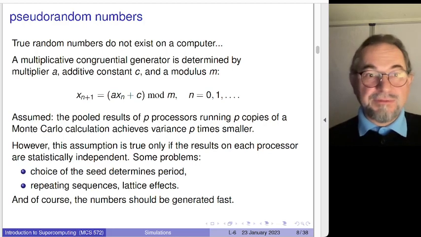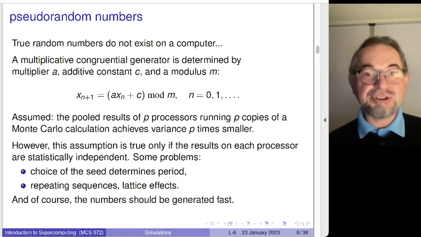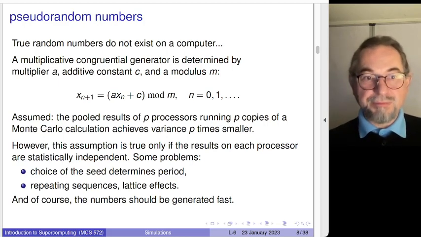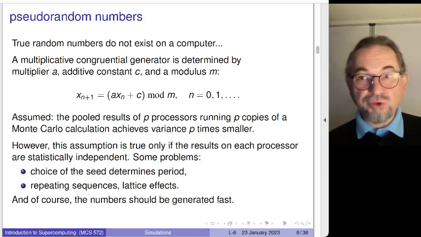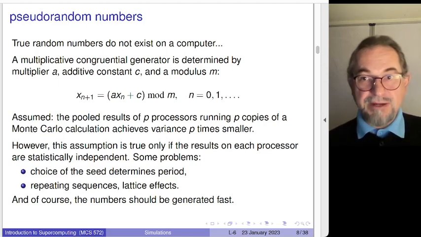Okay, so I should have said the whole point of this is that if you are using P processors, you can do it P times faster. That's the optimal speed up. But there's also the quality up. If you can work with P processors, you can work in the same time and notice a more accurate result.